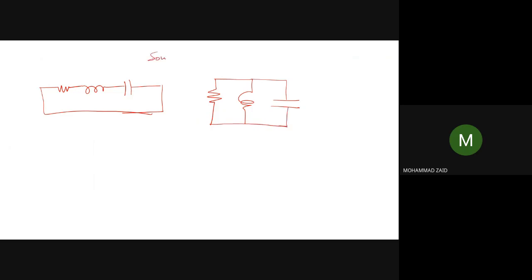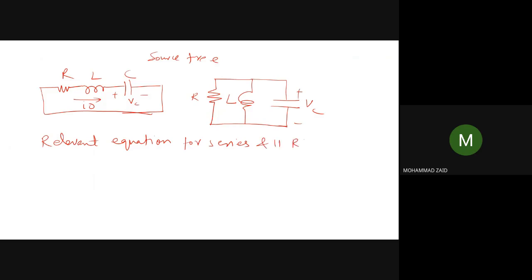So these are source free. That means only R, L, C, the initial inductor current and the initial capacitor voltage are present. Okay. So the equation we have already seen, let me write it once again for different cases. So we can write down these equations as relevant equations for series and parallel RLC circuits.